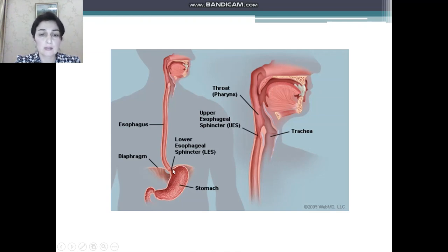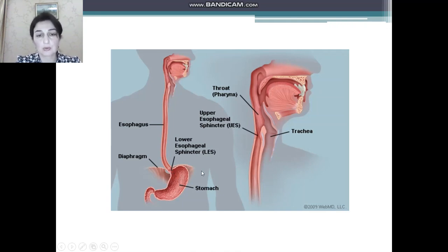These sphincters are always in tonus, except when the bolus passes into the stomach. Bolus, if you remember, is partially chewed, masticated food that passes from the oral cavity through the esophagus. This bolus will pass into the stomach. So these are the regions which we have to remember.